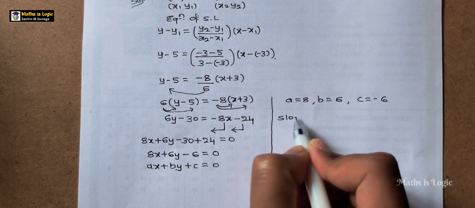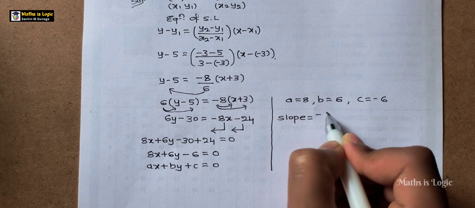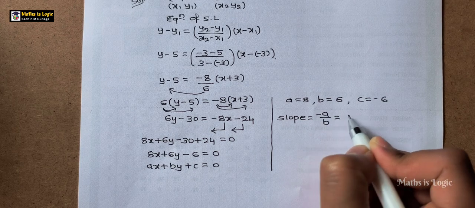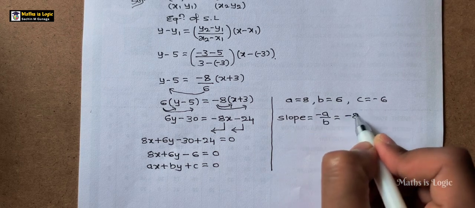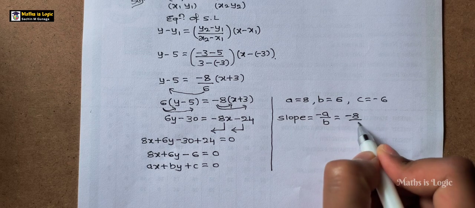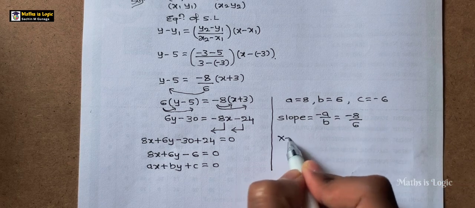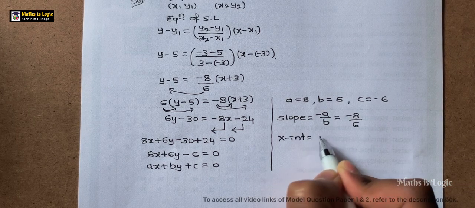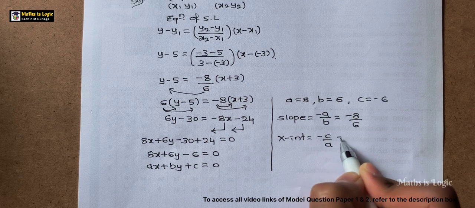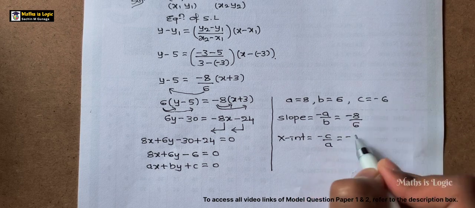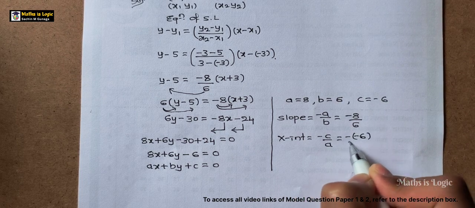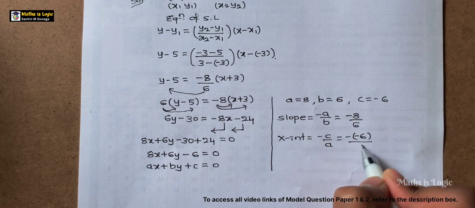Therefore first we need slope. Formula is minus A divided by B, minus 8 divided by B is 6. Next x intercept, minus C divided by A, minus C value is minus 6 divided by A value is 8.